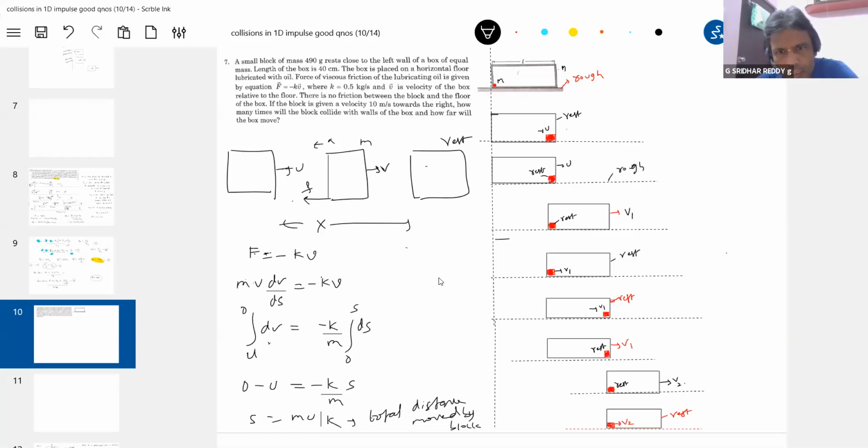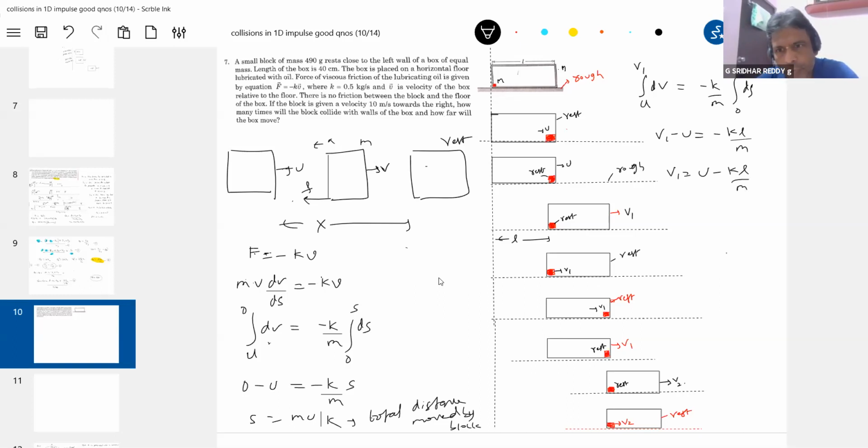So how much distance does the box, in fact, move? I think the diagram is helping us a lot. So how to calculate v1? The same: the limits of dv are u to v1, equal to minus k by m, and this is ds from 0 to L. So v1 minus u equals minus kL by m. So k we know, L we know, m we know, and u. So v1 equals u minus kL by m.